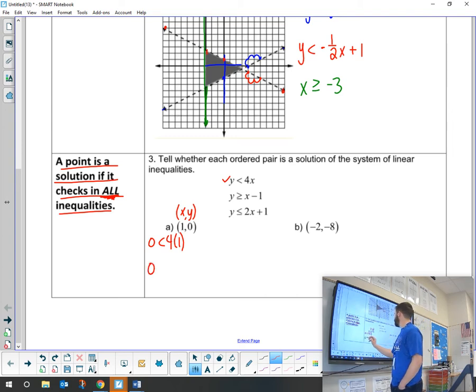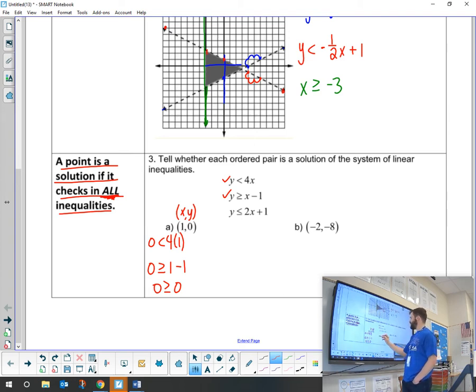Let's plug in 0 for y. 0 is greater than or equal to 1 minus 1. This is our second one right here. Well, 1 minus 1 is 0. Is 0 less than or equal to 0? Yeah, because of that equal sign right there, this one is true too.